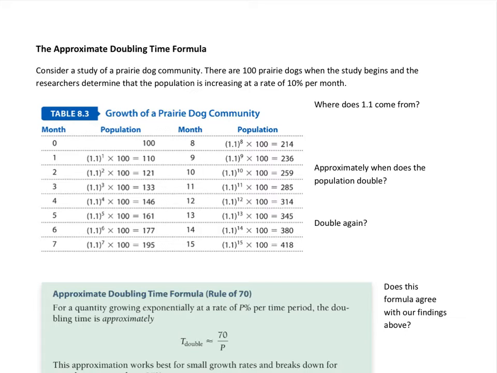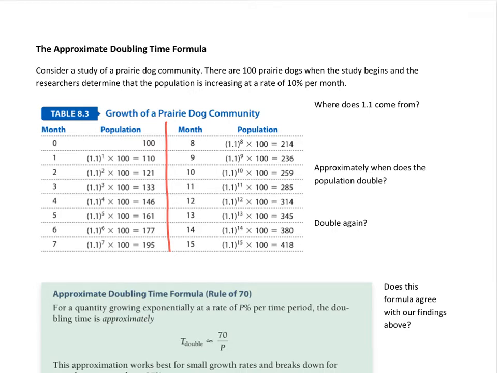Next, we have an approximate doubling time formula. We will consider a study of a prairie dog community. There are 100 prairie dogs when the study begins, and the researchers determine that the population is increasing at a rate of 10% each month. Here you can see we have a table in 2 columns.